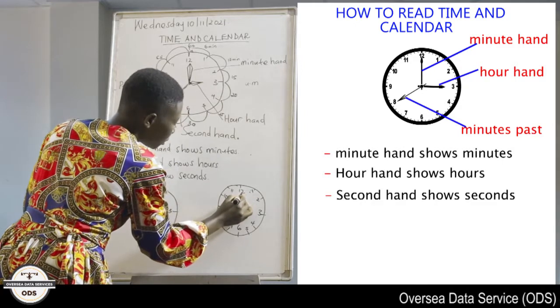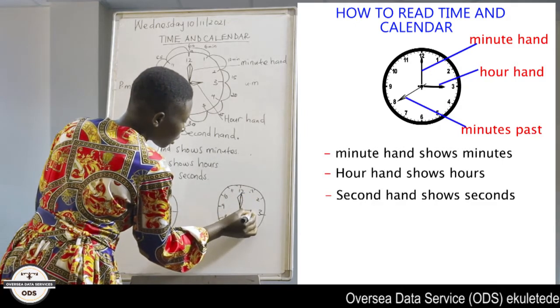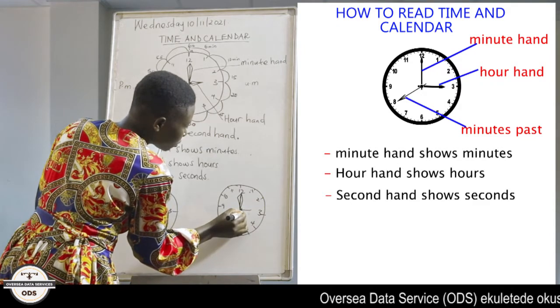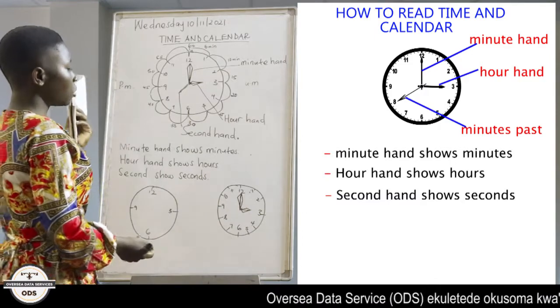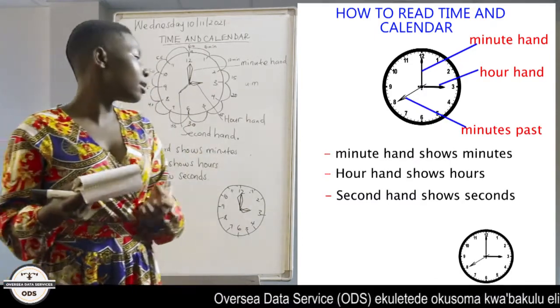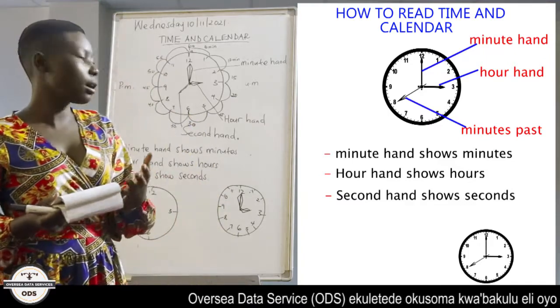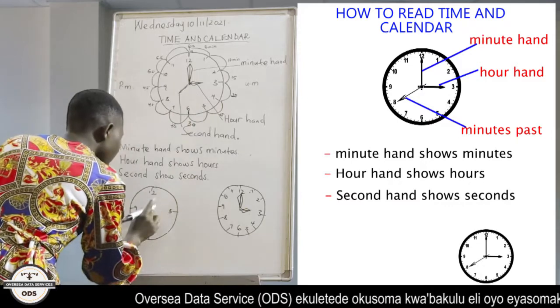A minute hand is longer than this one, the hour hand. This one which shows us the hour is a little bit shorter. Okay, we are going to concentrate on 2 hands, the minute hand and the hour hand. That's what we are going to emphasize.